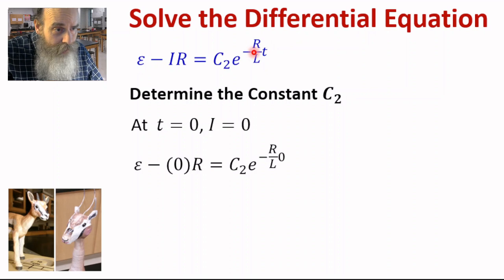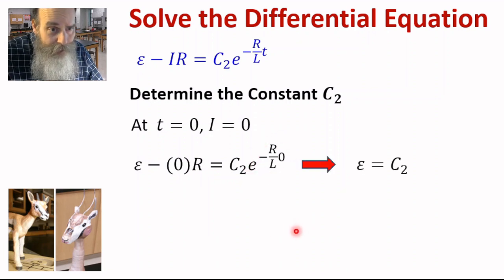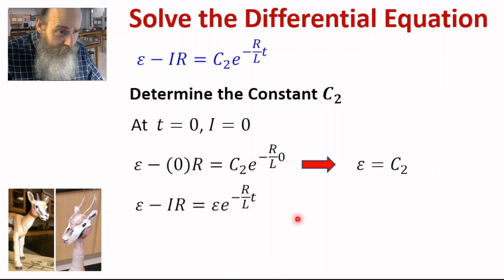This is what we get. E minus 0 times R equals C2 e to the negative R over L times 0. This term is just going to be 0. E to the 0 is just 1. So we get E equals C2. So we get this: E minus IR equals E times e to the negative R over L t.